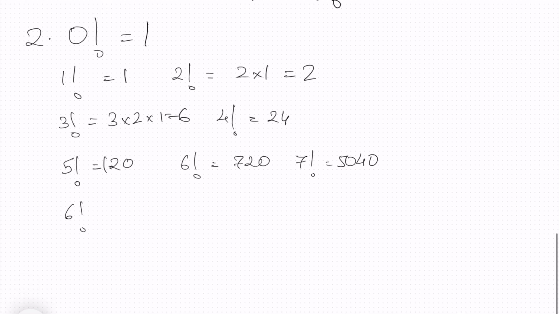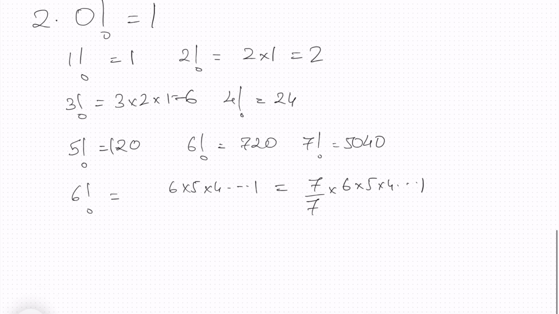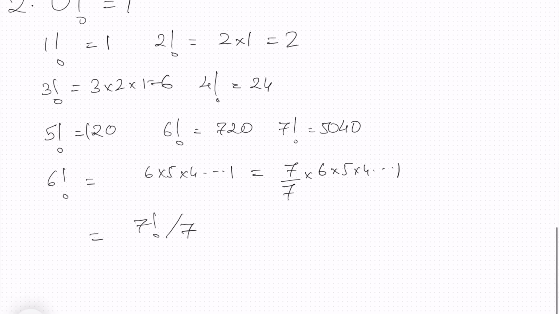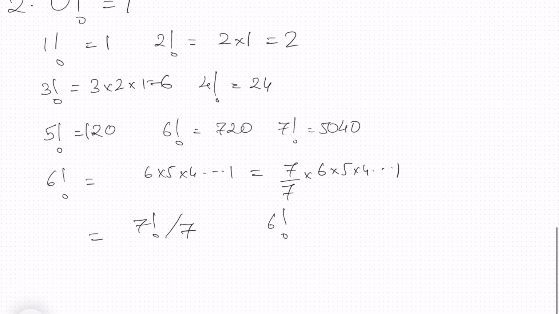Now 6 factorial is equal to what? 6 into 5 into 4 all the way up till 1, right? Which is also equal to 7 into 6 into 5 into 4 till 1, divided by 7. Now the numerator, if you observe, that is 7 into 6 into 5 into 4 till 1, and that's just 7 factorial. So 6 factorial is 7 factorial by 7.